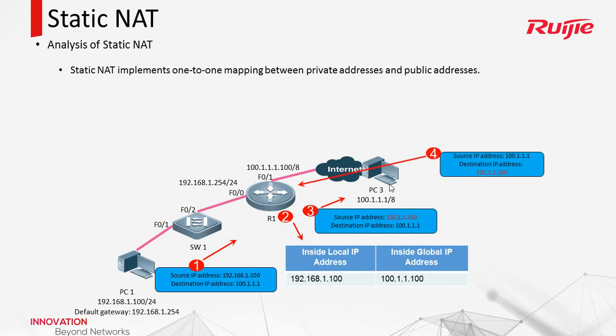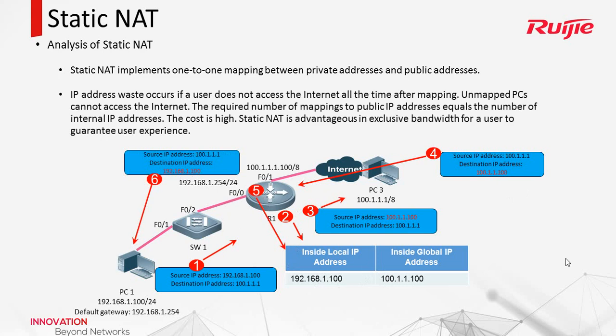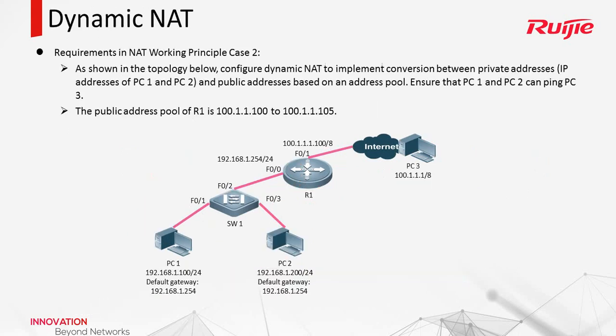When PC3 replies, it will just reply to the source IP. And router 1 checks the NAT entry, translates it from global to local again, then sends it to PC1. Okay, we can find that static NAT can help us, but it wastes IP addresses.